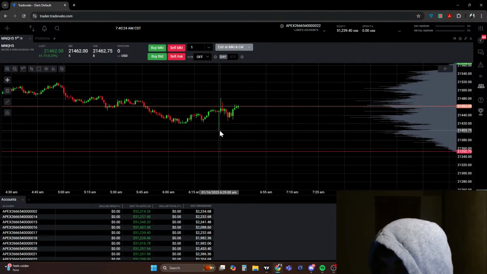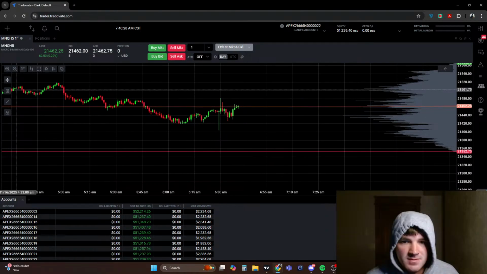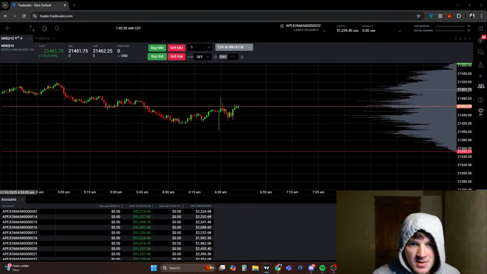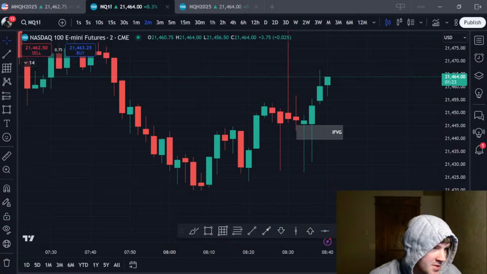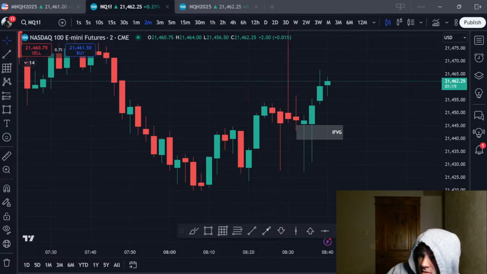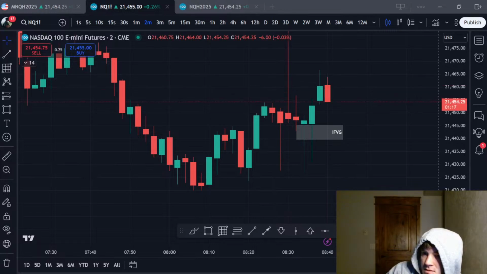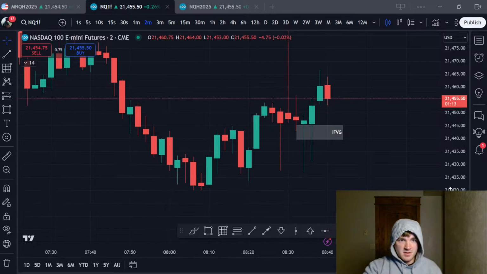But okay, this is weird. Why is it showing there's a data low here? Didn't we already take the data low? Okay, let's go back to my other screen. Yeah, we already took the data low.